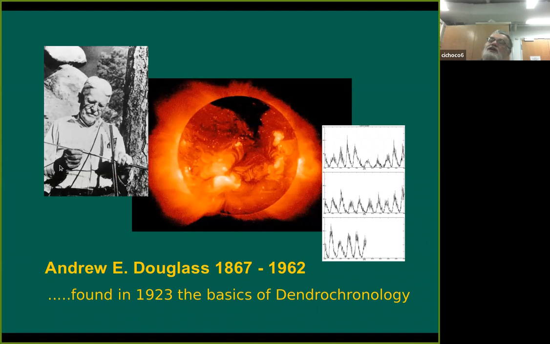Now, dendrochronology was invented, so to say, by an astronomer. Andrew Douglas was interested in the sunspot cycle, which was not investigated too long when he started to work on this topic.